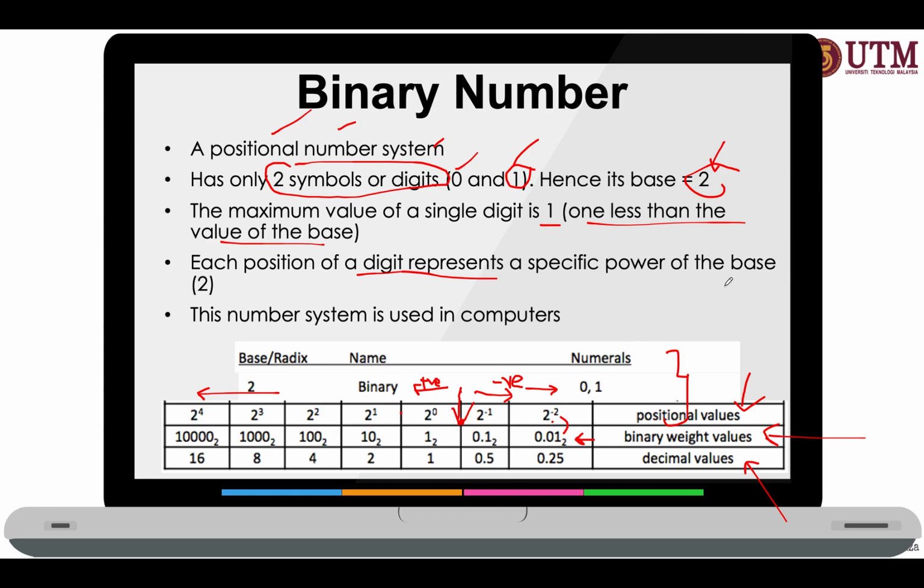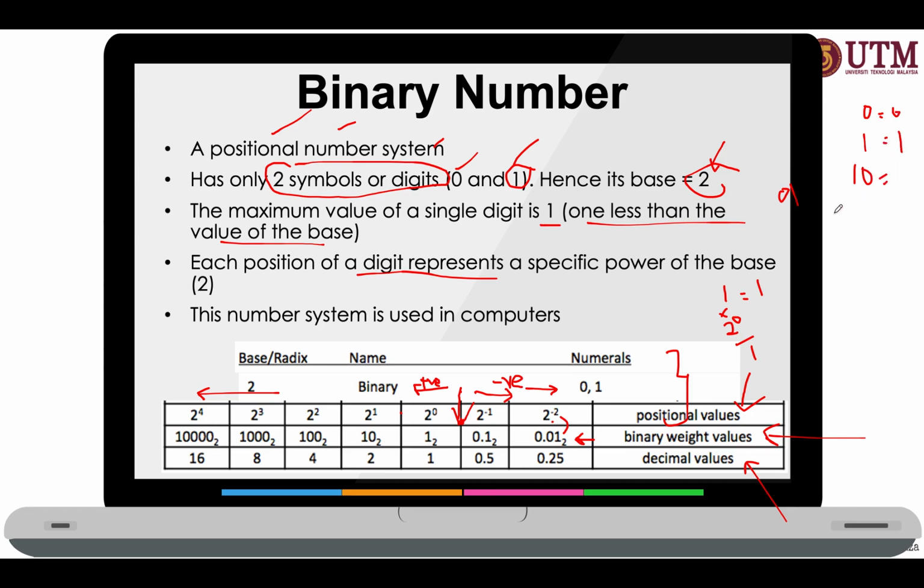Let's say you have 1, this is of course 1 times 2 to the power of 0, you get 1, and then the answer should be 1. Because you have 0 and 1 only, let's say you have 1, 0.